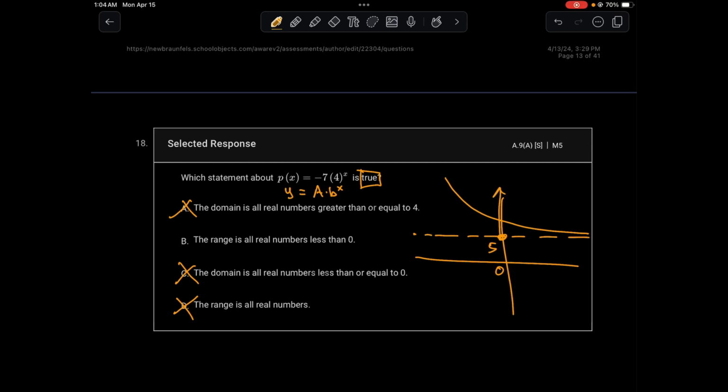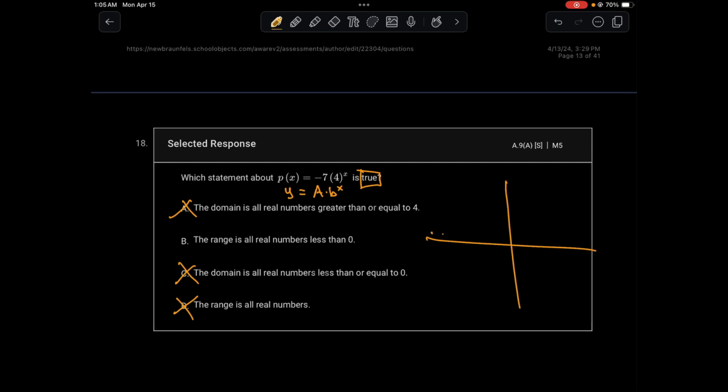That's going to be the range. On the other hand, if there was another exponential, usually the asymptote is on the ground, but if it's not, and the asymptote is here and it goes like this, the range is going to start from the asymptote, excluding the asymptote height, and it's going to go down.